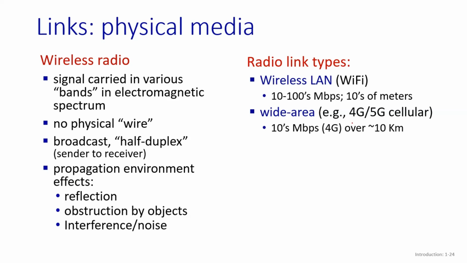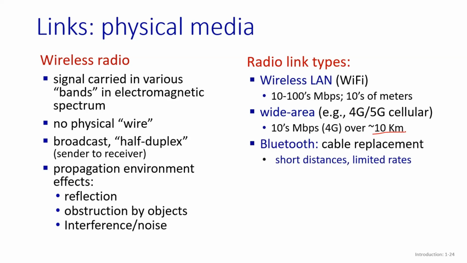These are provided by your cellular or mobile phone operators. The capacity is tens of MB per second over 10 kilometers. So wireless LAN is for shorter distances, and wide area networks cover larger distances up to 10 kilometers.